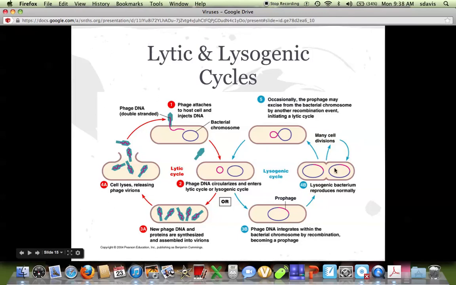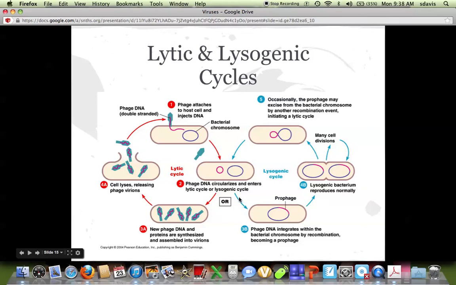And then over here is the lysogenic cycle, where the viral DNA is inside of the cell with the host cell DNA, and they join each other, and then the nucleic acid joined with the host nucleic acid is replicated, and you get another phage.